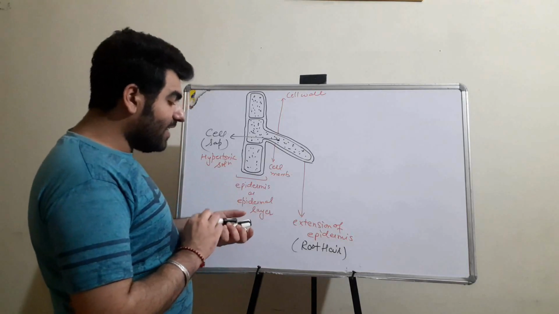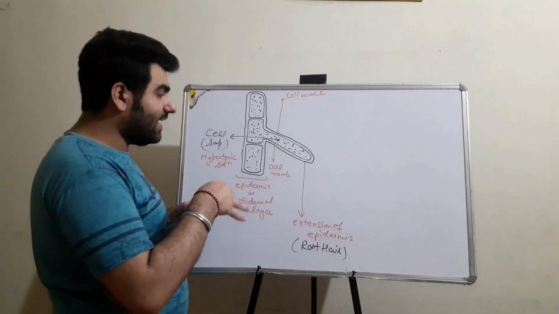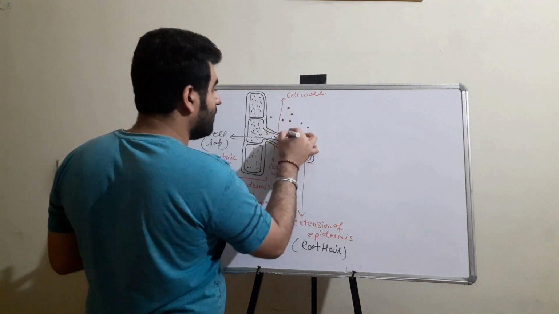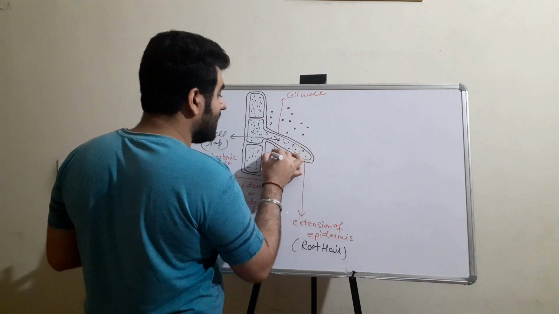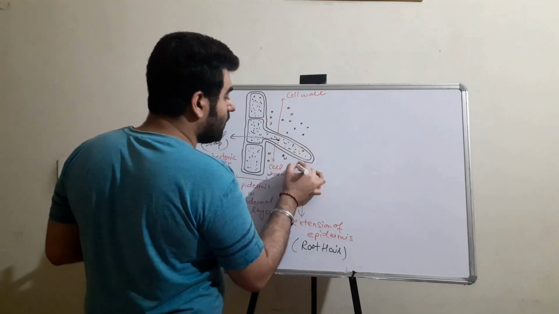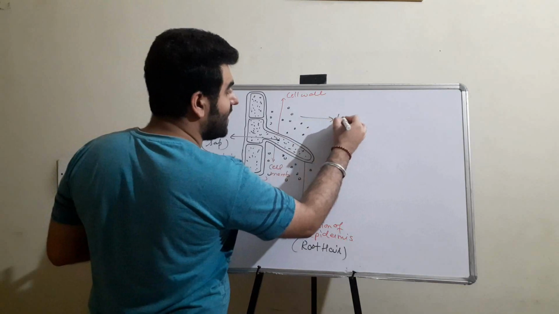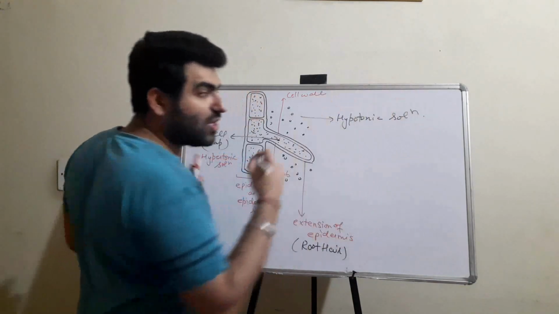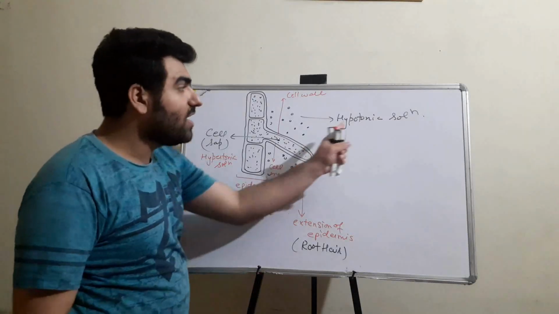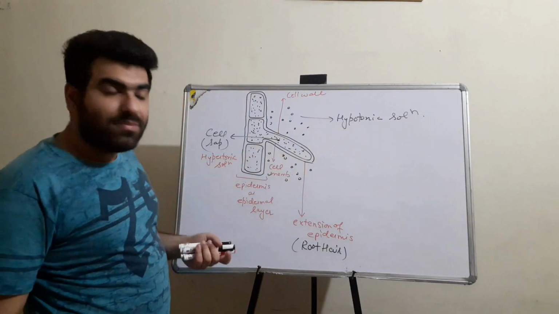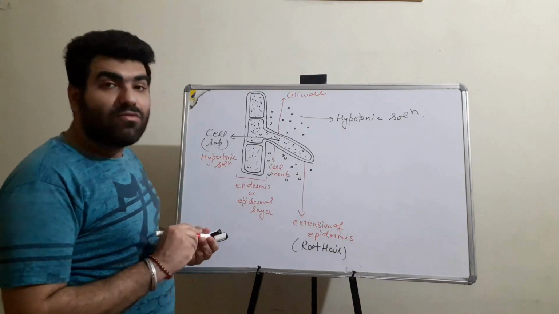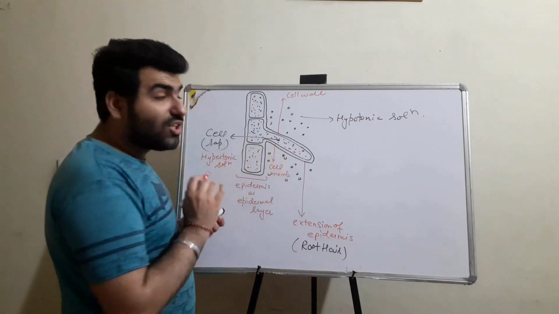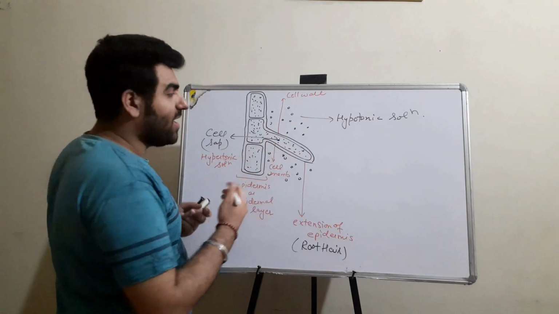Now when water is poured outside, let us say these are the water molecules, the water is poured around these root hairs, that is, into the soil. What is going to happen? This solution outside is the hypotonic solution because it has a lesser concentration of solute and a higher concentration of solvent. This solution inside is hypertonic. Now we know that water will flow from the hypotonic solution to the hypertonic solution through the cell membrane, which is a semi-permeable membrane.